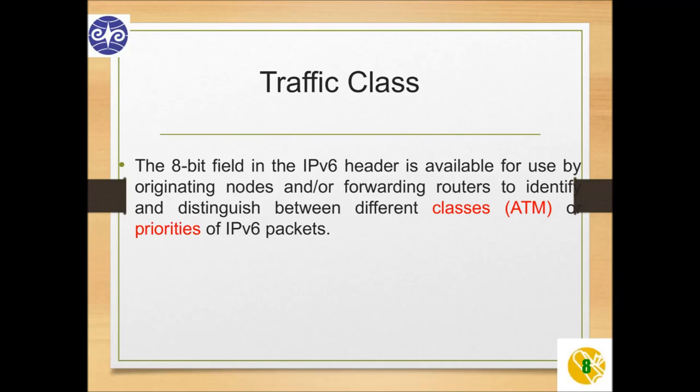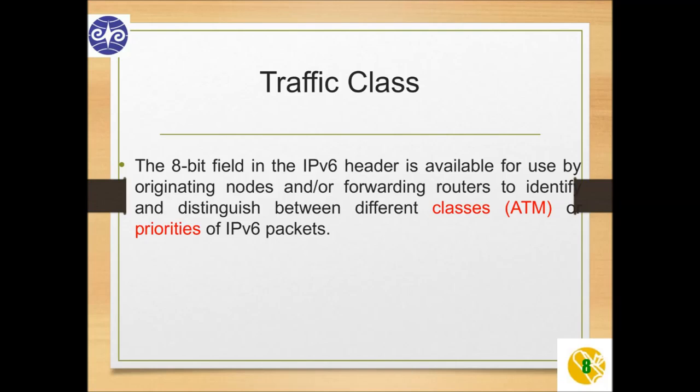Traffic class. Dear students, the concept of classes we have discussed in ATM, which was our WAN technology, asynchronous transfer mode. So the 8-bit field in the IPv6 header is available for use by originating nodes and/or forwarding routers to identify and distinguish between different classes or priorities of IPv6 packets.